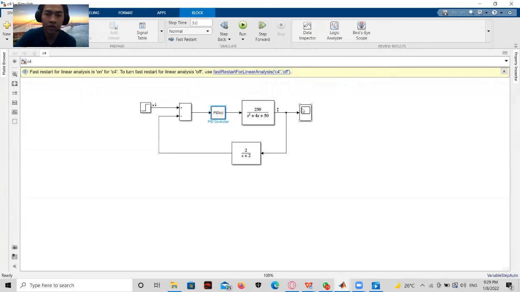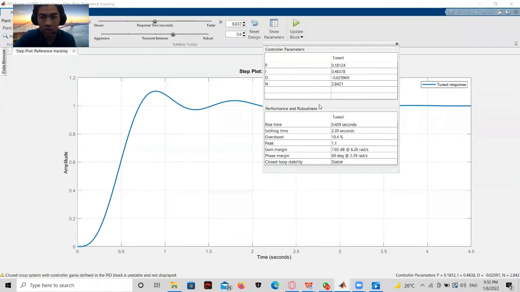So for circuit 4, this is the result. I already achieved the requirement of overshoot, which is 10.4%.